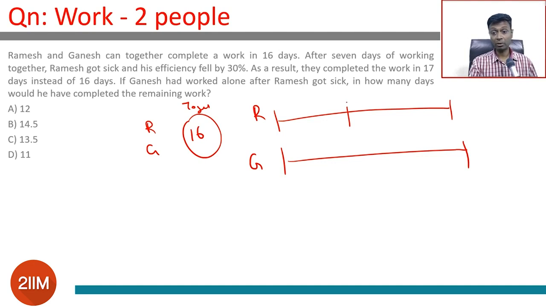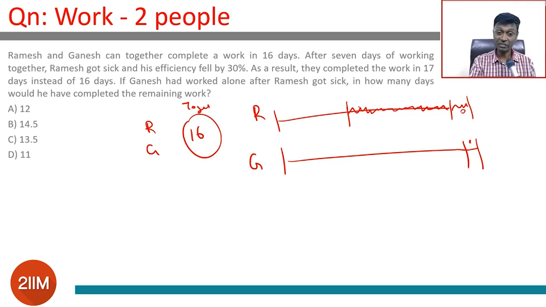His efficiency fell by 30%. So this is broken Ramesh. Ganesh continues to work as it is. As a result, they completed the work in 17 days. So one more day of broken Ramesh and an extra day of Ganesh. This is required because Ramesh has turned up with a lower efficiency.